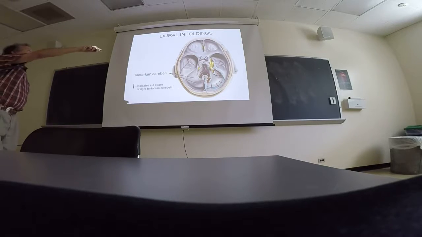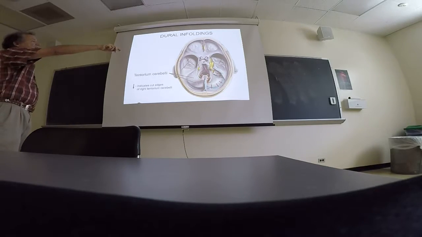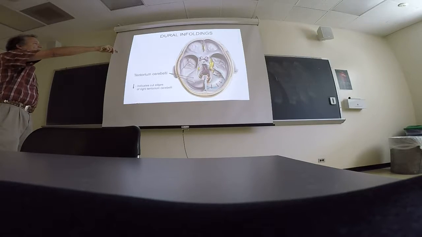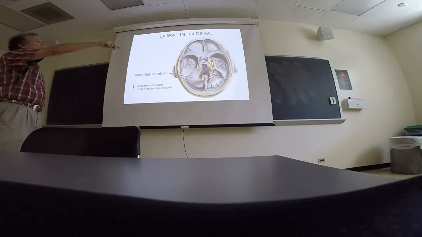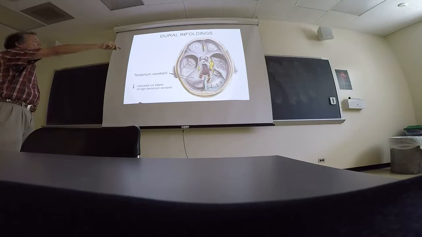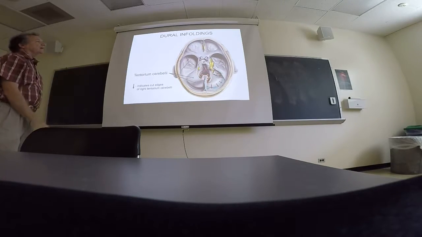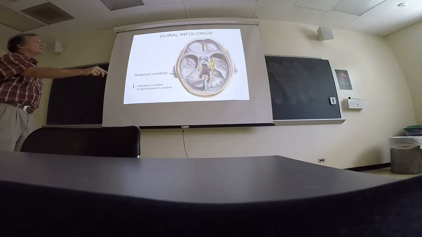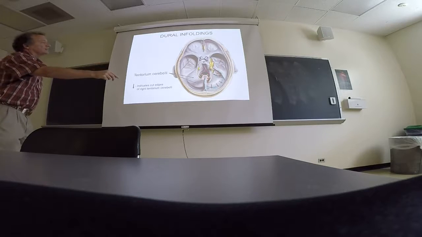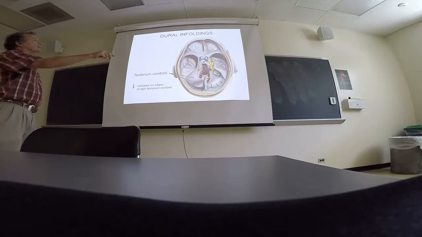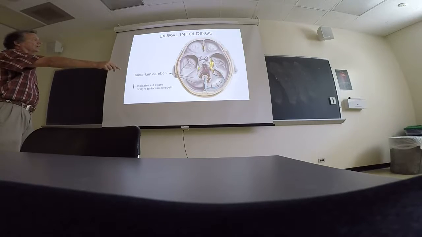This is that tentorium cerebelli that I mentioned that separates basically the occipital lobe of the brain from the cerebellum, which is hidden down there. And in order to remove the cerebellum with the brain, we had to cut around here so we could lift it out. So this is the tentorium cerebelli intact, and that's the cut.